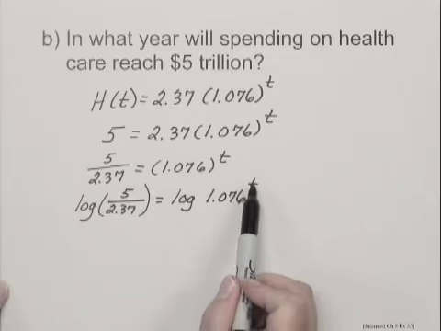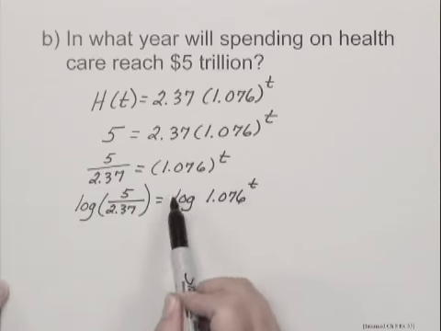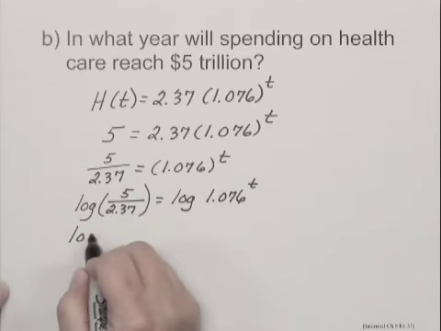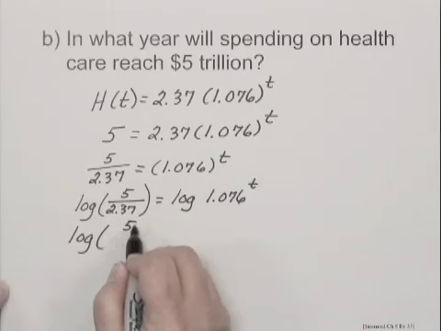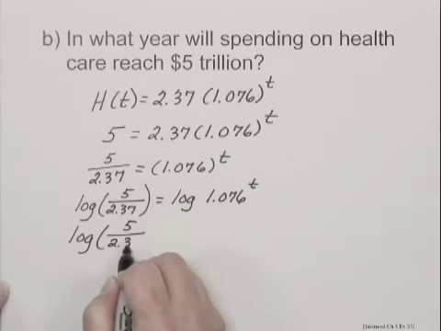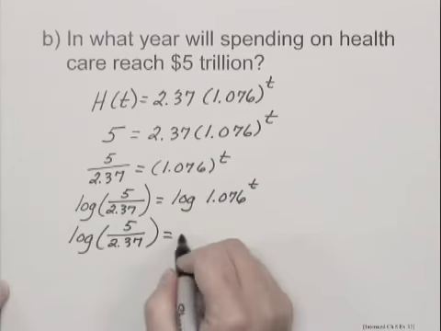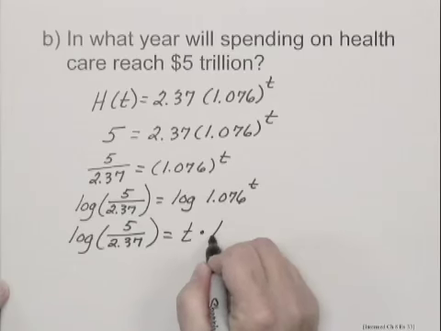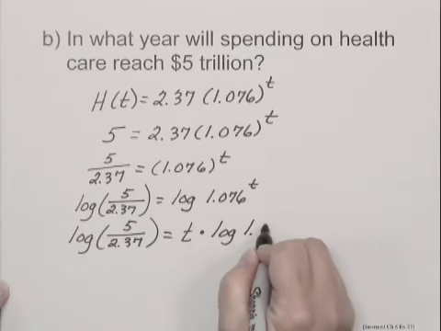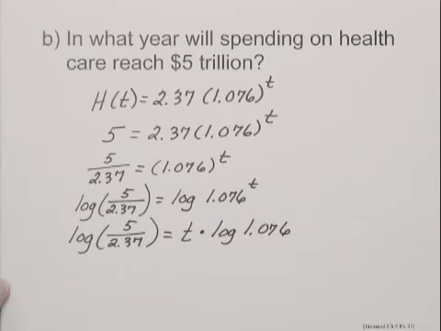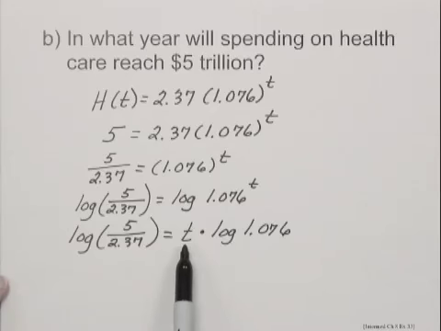And now we can bring the t down. That's the value of the logarithm. We have the log of 5 divided by 2.37 equals t times the log of 1.076.